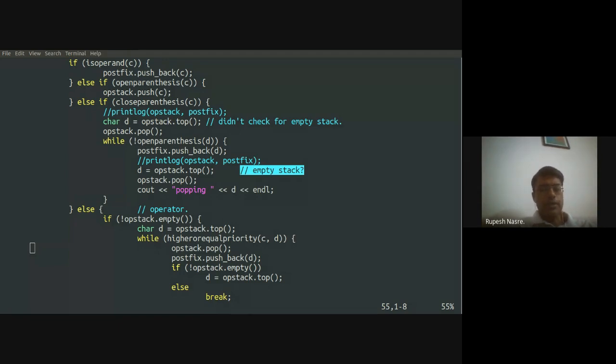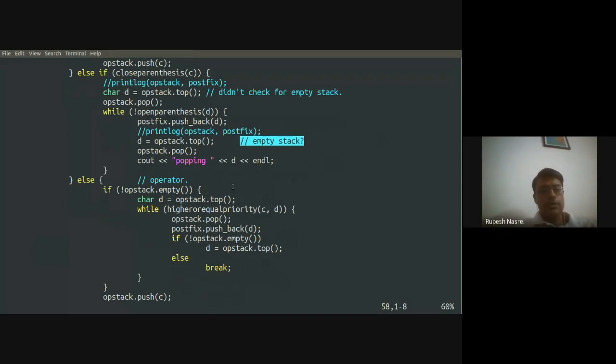So that error processing should have been there, but I think just to reduce the size of the code, I have not checked that. But yeah, in general, for arbitrary infix expressions, you might encounter a situation where you will see an empty stack here, because the infix expression can be arbitrary. It's coming from the input. It is not sanitized or filtered, and therefore we should do some error checking there. Okay. So yeah, that's what happens for the closing parenthesis.